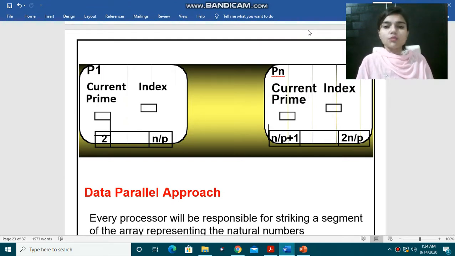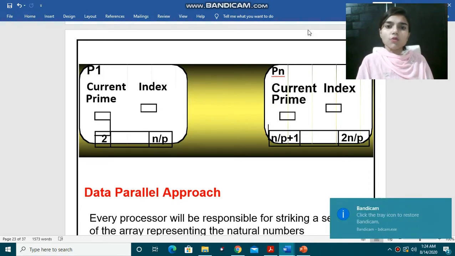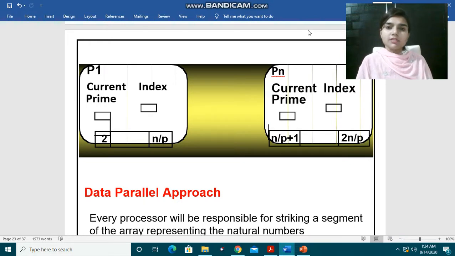In today's lecture, I am going to discuss the sieve of Eratosthenes using a data parallel approach and Amdahl's law. In the previous lecture, I discussed the prime finding algorithm, the sieve of Eratosthenes, using the control parallel approach, how this algorithm works in the control parallel approach, and the disadvantages associated with it if the processors work in an asynchronous fashion.